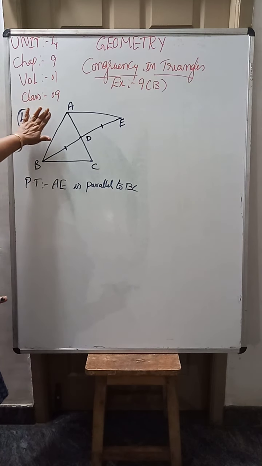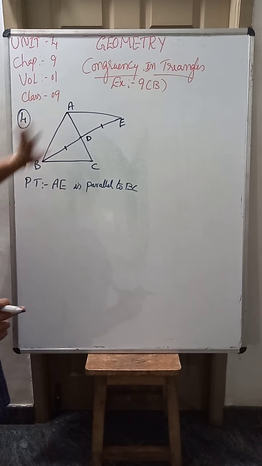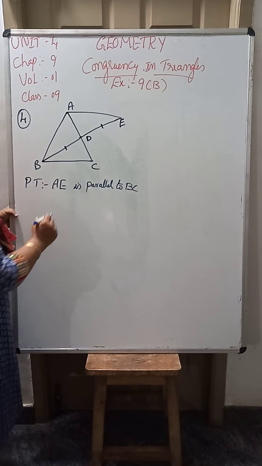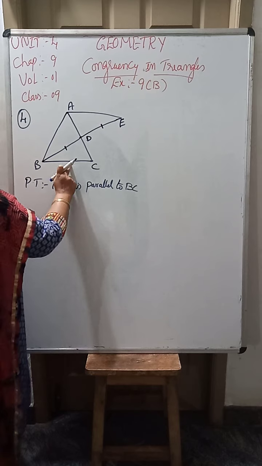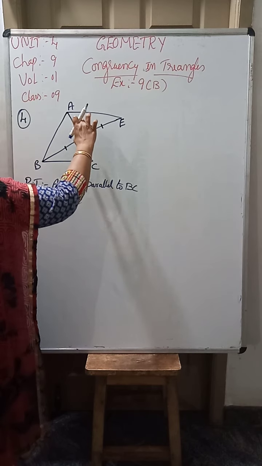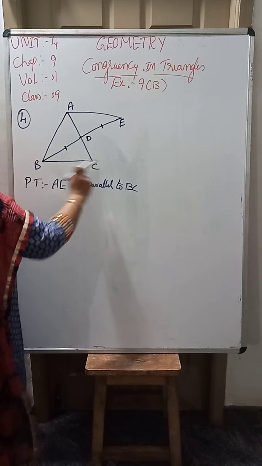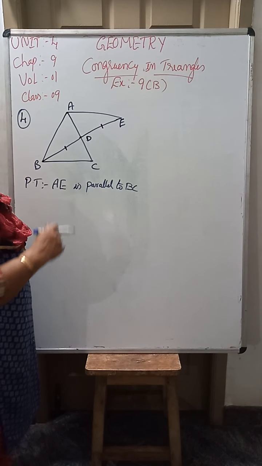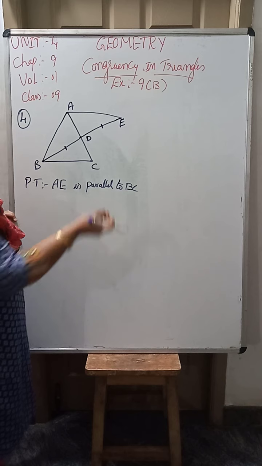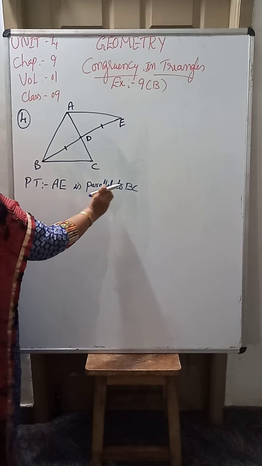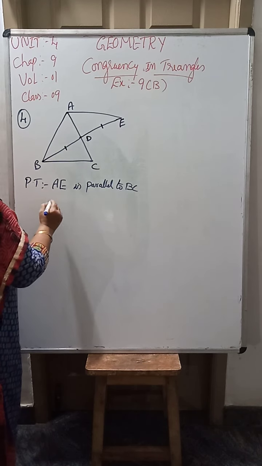This is the required figure according to the given question. Now, children, to prove AE is parallel to BC, we have to prove these two triangles, that is, triangle ADE and BDC are congruent. And later we will get the supplement to prove AE is parallel to BC.